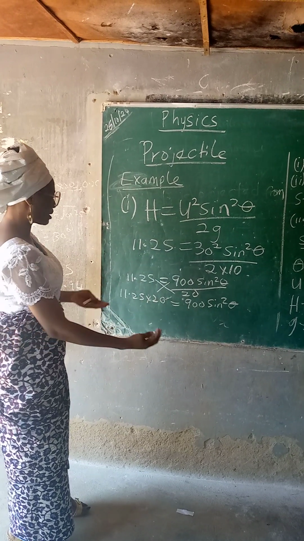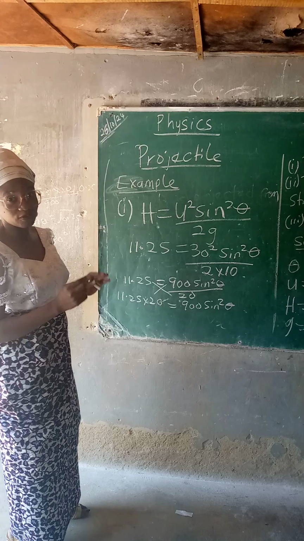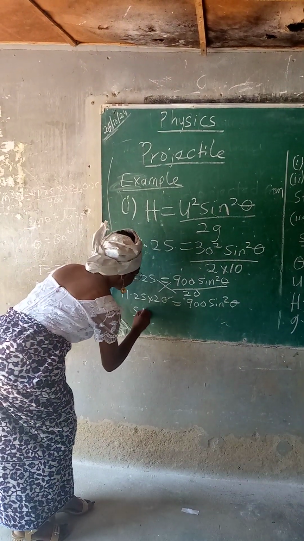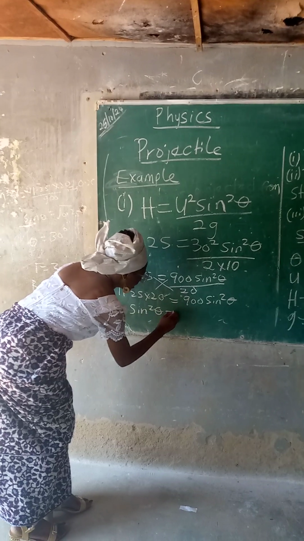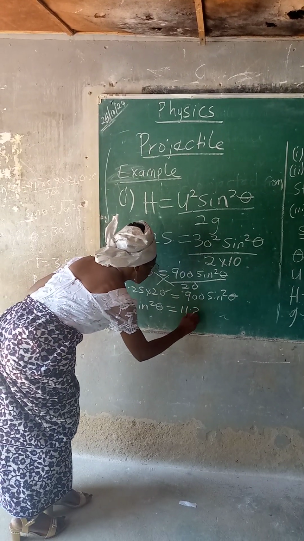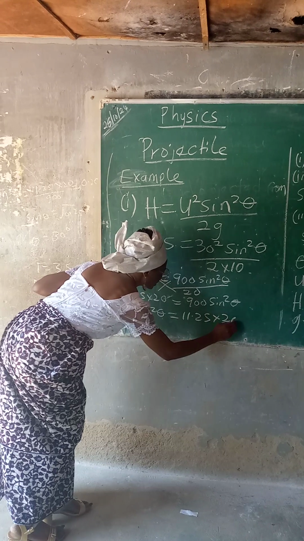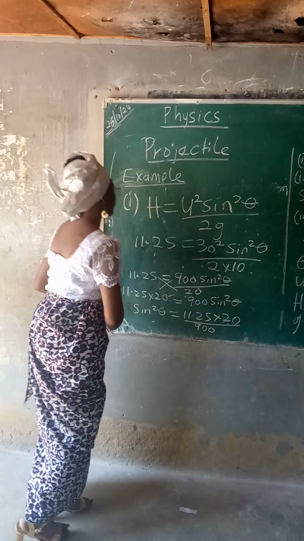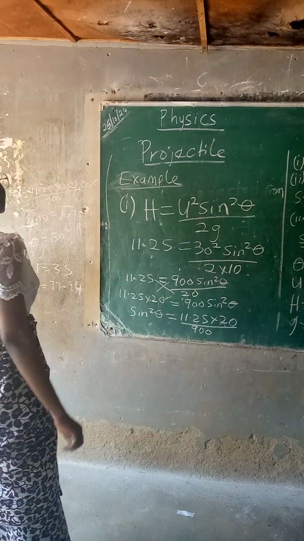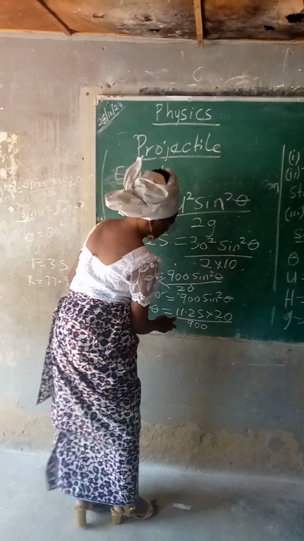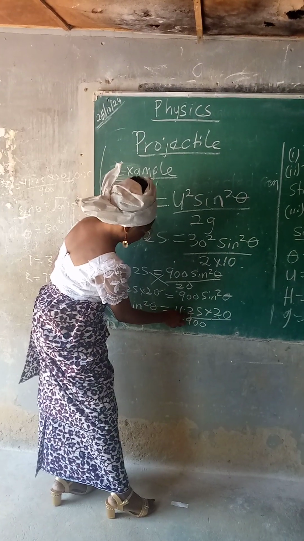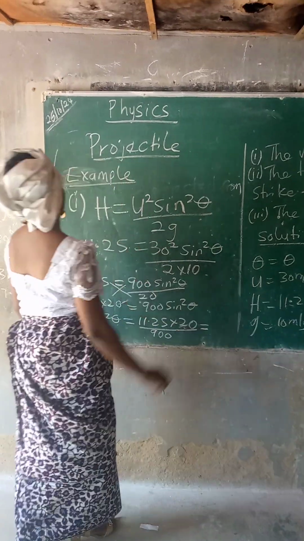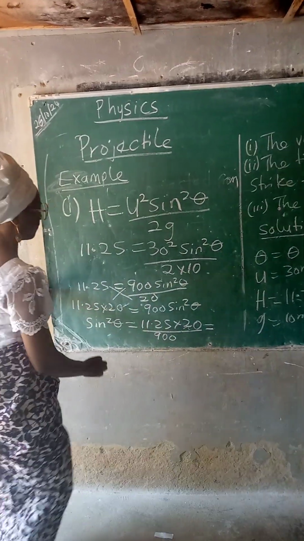It will now become sine squared theta is equal to 11.25 times 20 divided by 900. That is going to give us 0.25.